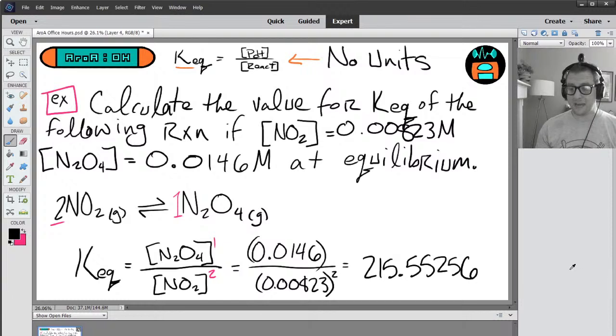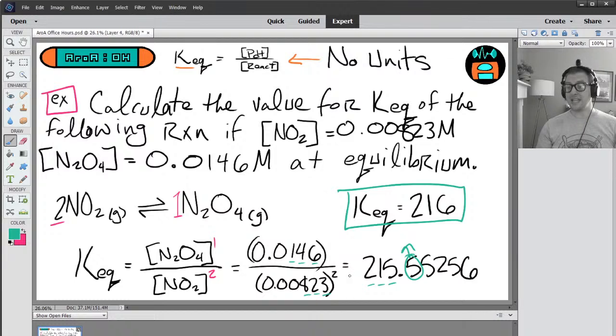We can only keep 3 significant digits. Both our numerator and denominator, our concentrations only have 3 sig figs, so our answer can only have 3. So you count off your first 3. Our 5 rounds up. And so the correct value for the equilibrium constant with the correct number of significant figures will be 216.